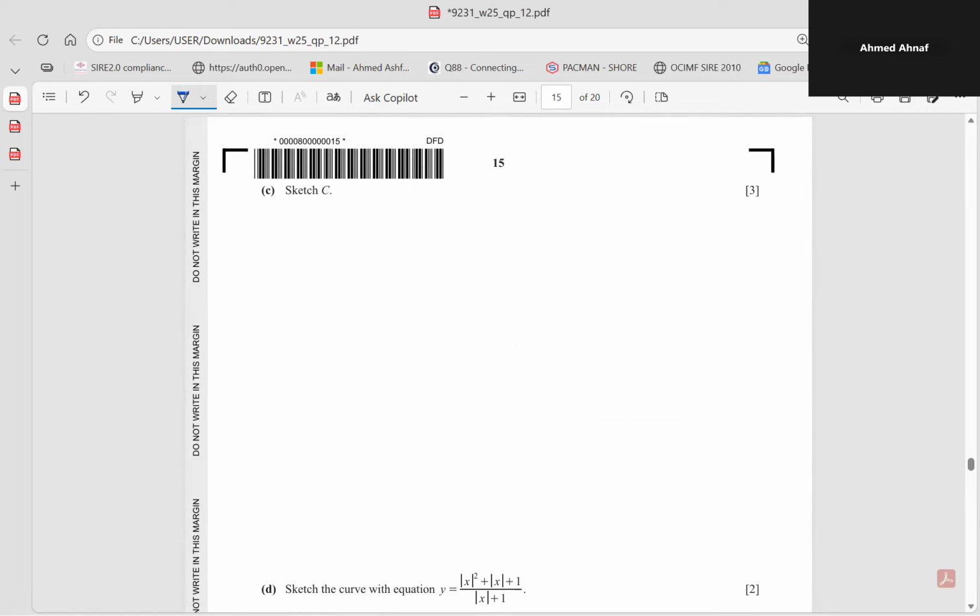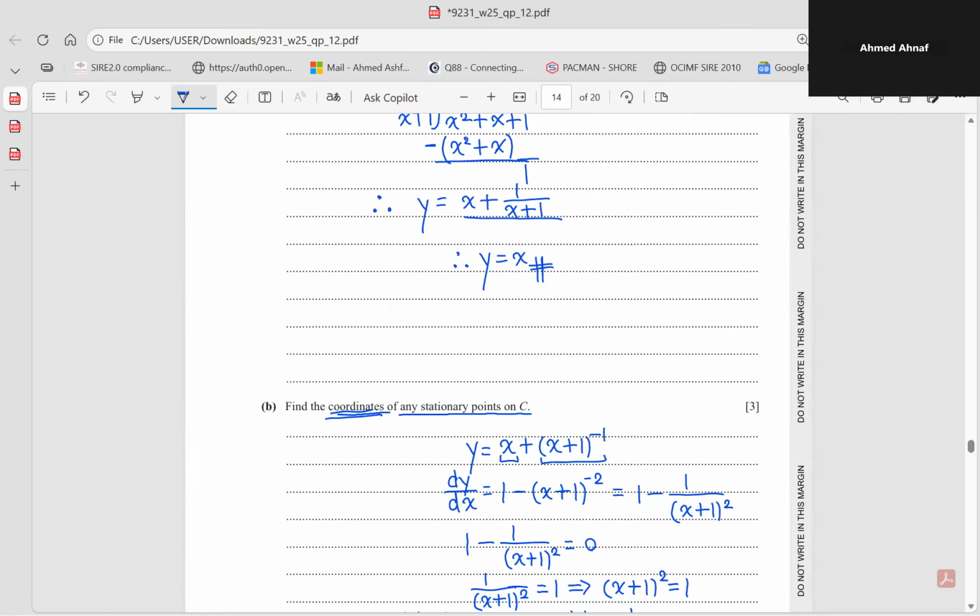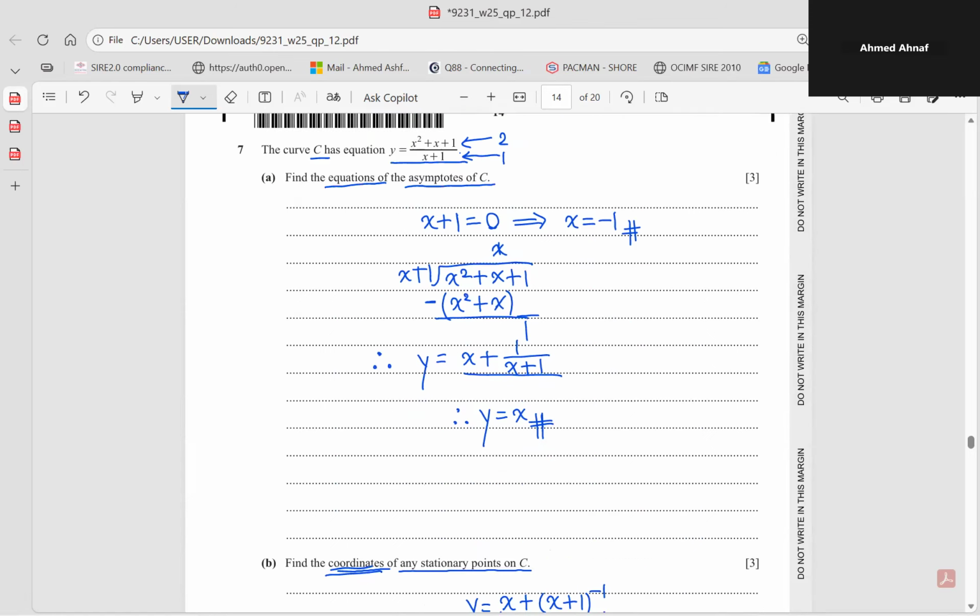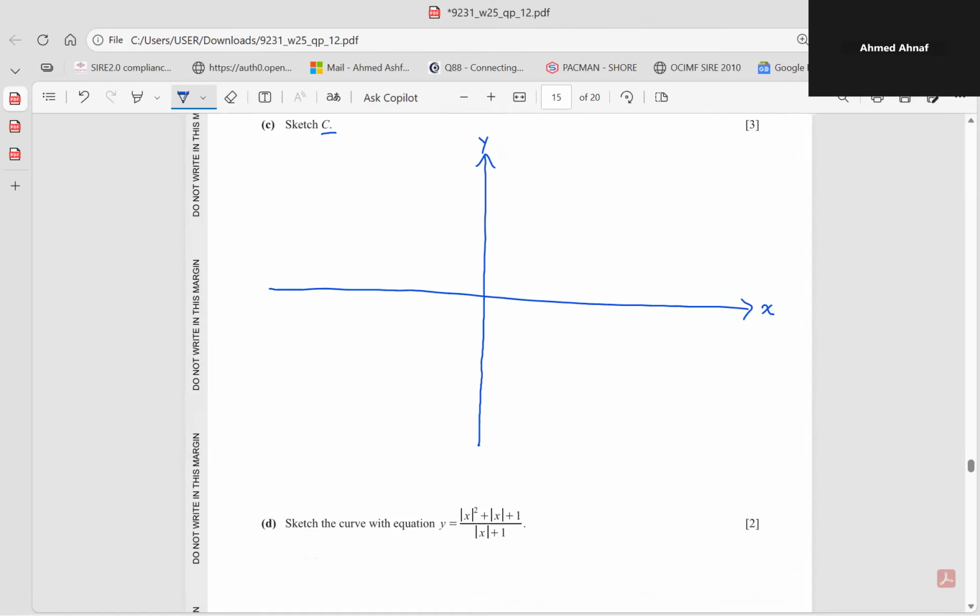Okay, so now we just have to sketch C. To sketch any rational function, we first start off by drawing our x and y axes. Try to use the whole space provided. So this is the x-axis, this is the y-axis, and draw your asymptotes first. We have x equals negative 1, which is the vertical asymptote.